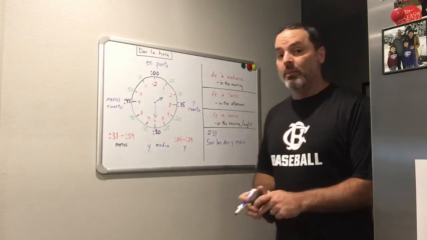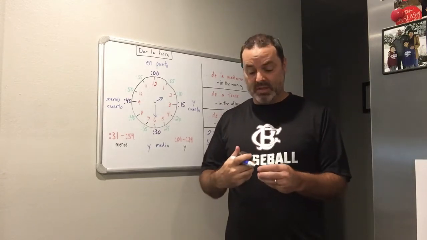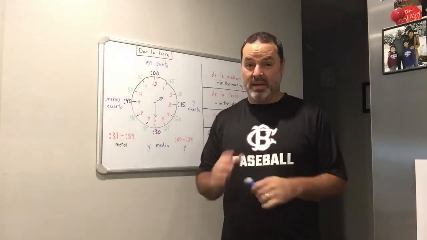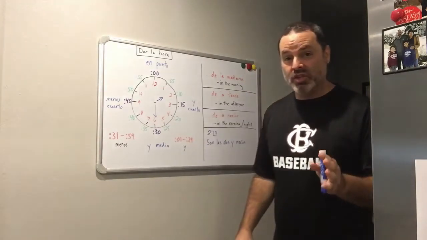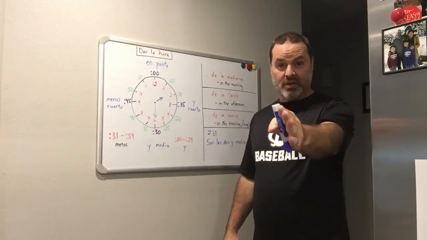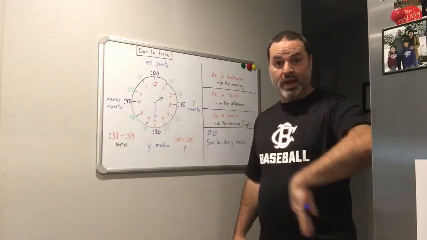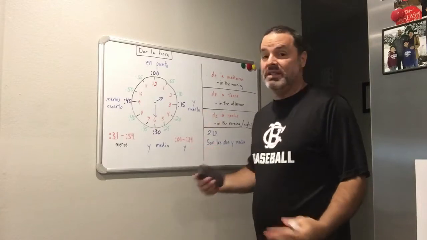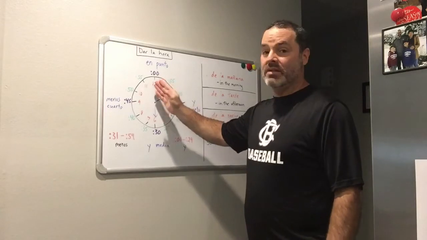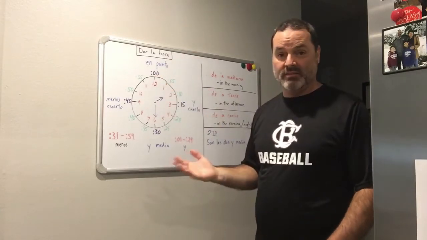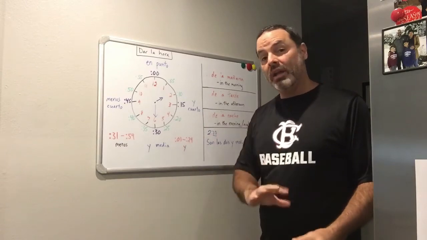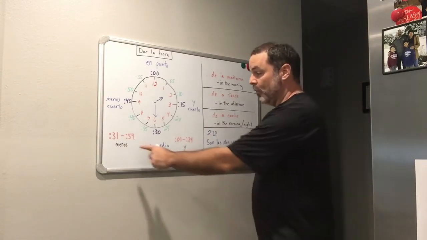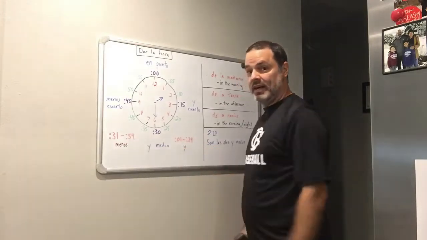Now, the most confusing part about telling the time in Spanish is that with the minutes, 00 all the way through 30, we use a particular word. It's going to use y. It means "and." So whatever time it is, and however many minutes. Think of it that way. Now where it gets confusing is when we go from the minutes 31 to 59.